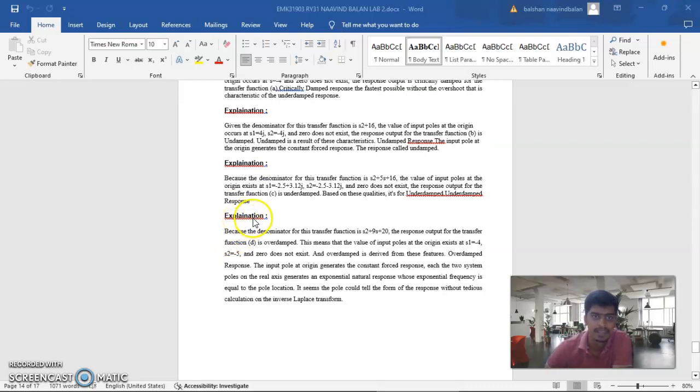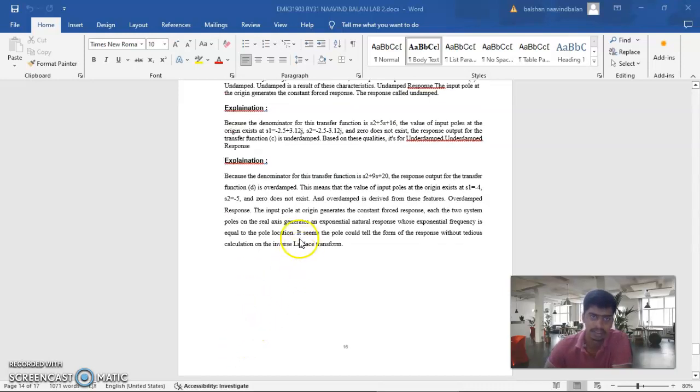Okay, for the third question, because the denominator of the transfer function is 2s square plus 5s plus 16, the poles are S1 equals negative 2.5 plus 3.12j, and S2 is negative 2.5 minus 3.12j. So the zero does not exist, and the output response for the transfer function is underdamped based on the quantities.